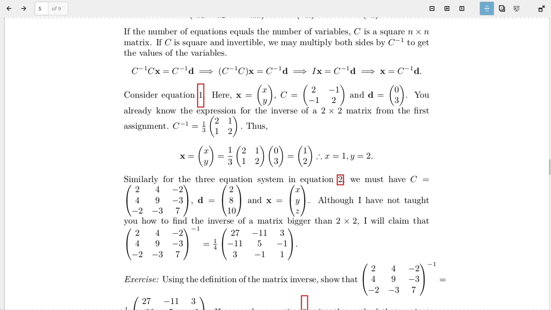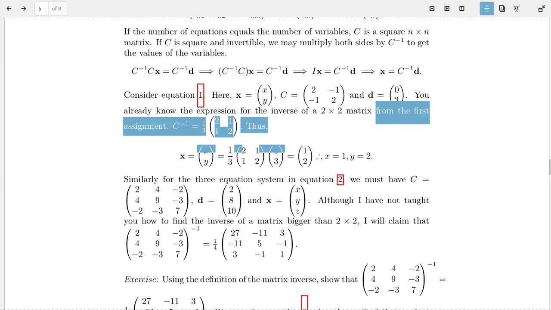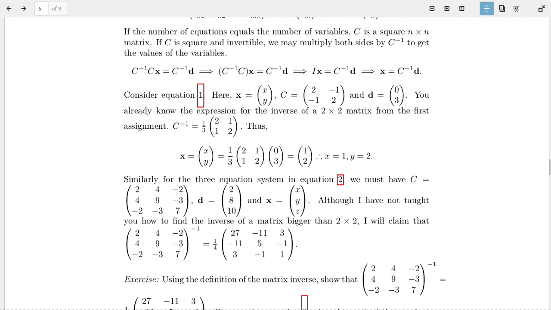So plug that into the formula, and you get C inverse equals 1 over 3 times 2, 1, 1, 2. Thus, x, which is equal to (x, y), equals 1 over 3 times 2, 1, 1, 2, times D, which is 0, 3, which gives you 1, 2. So therefore, the first row, x, equals 1, and the second row, y, equals 2.